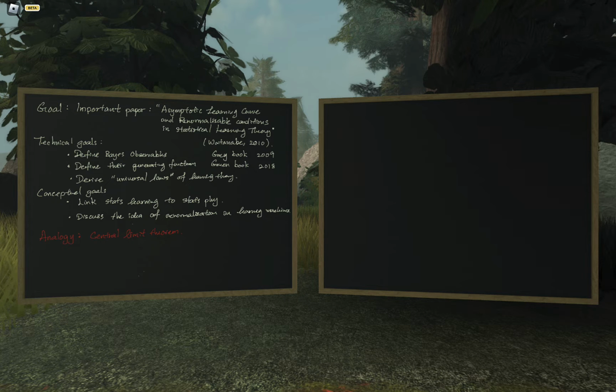I'm not going to state it in its full generality, but conceptually I'm going to state it in this way.